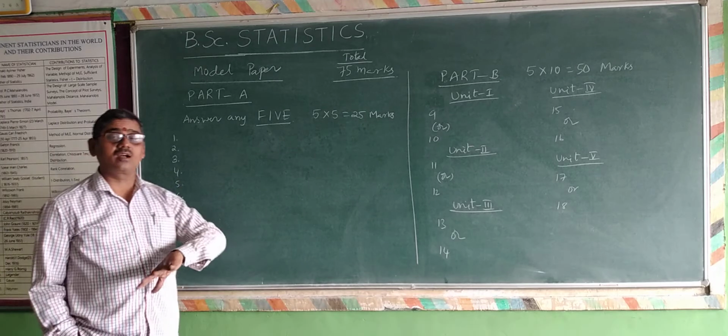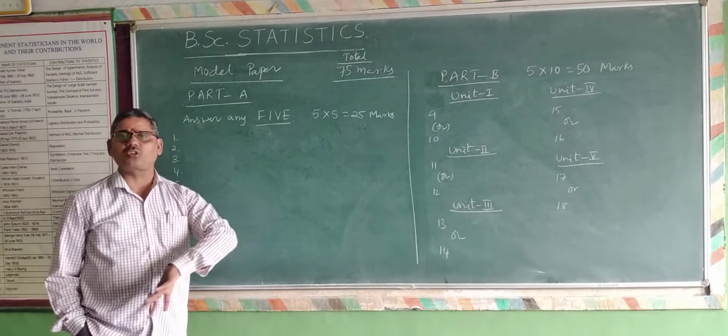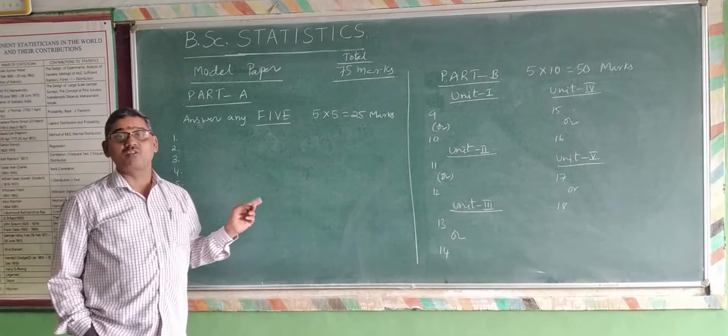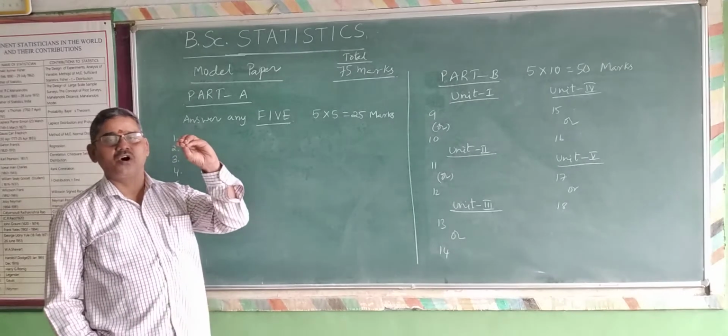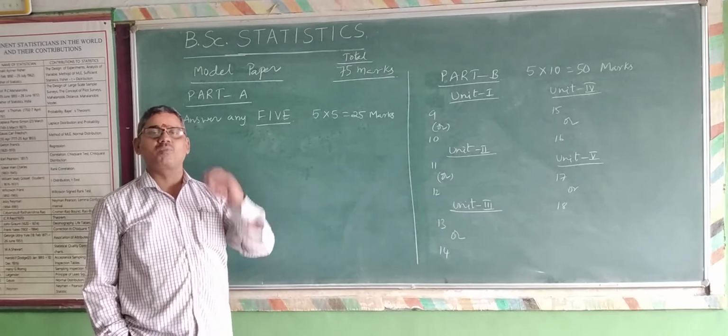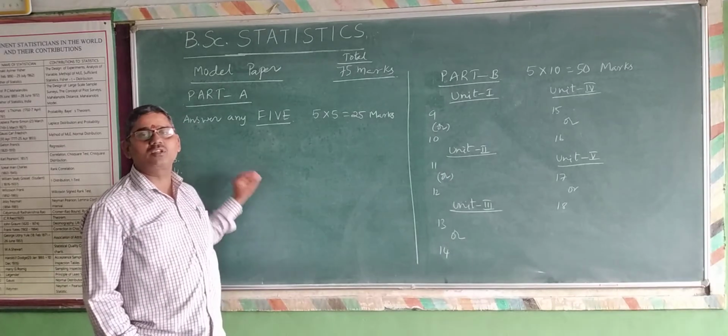If you prepare 3 units like that and touch a 4th unit, you can definitely answer 5 questions. I'm sure about it. If you read 4 units completely, you will definitely answer all 5 questions here.